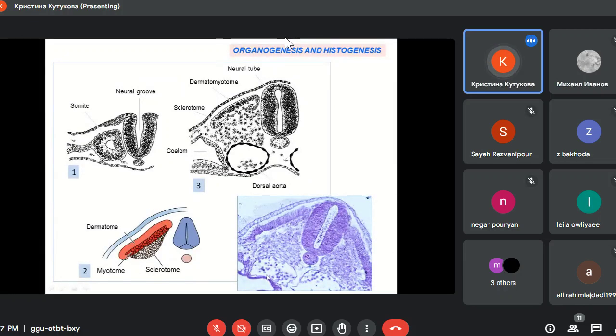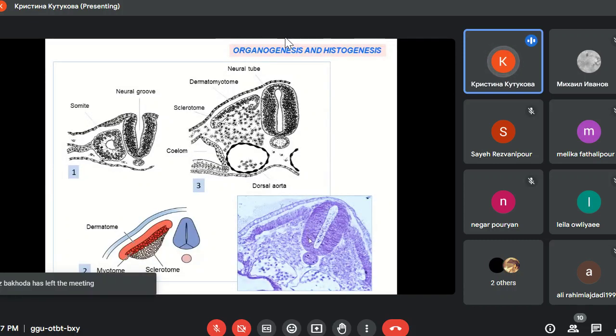Here is the same structure in real histological preparation of the embryo. Ectoderm is here, neural tube is here, below it notochord, and in this area we have the somite, and now it is developed into outermost dermatome, the middle portion myotome, and innermost portion sclerotome.